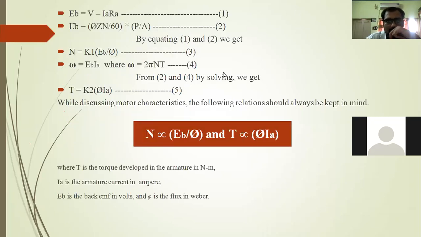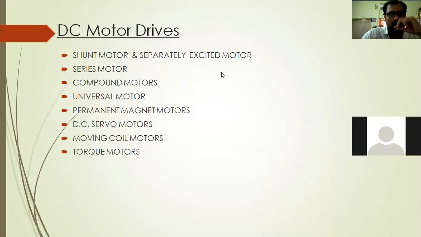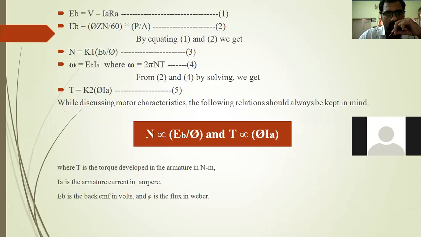Before studying the shunt motor or any DC motor, let you know some basic equations that we have in our motor. The first equation is EB equals V minus IRA. These are our basic equations.